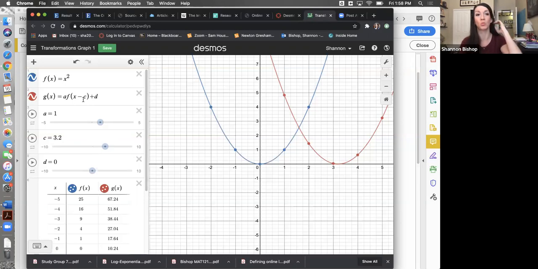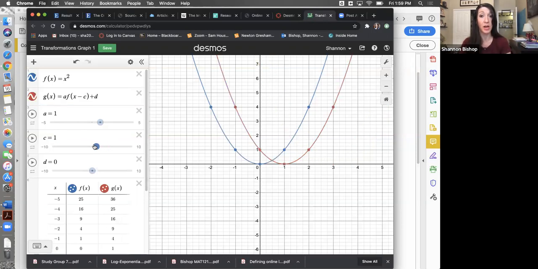So for instance, right now my C value is 3.2. But if I were to actually acknowledge the formulaic version of that, the formula would say X minus 3.2. You catching me there?